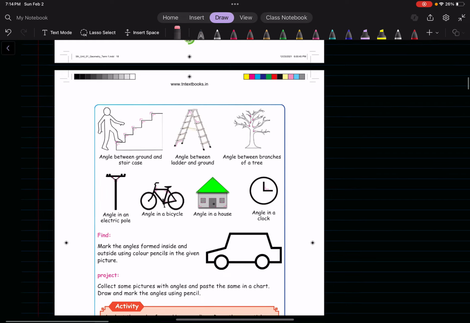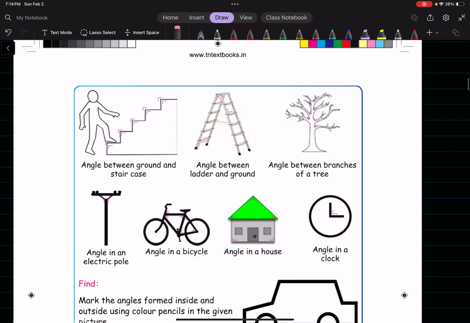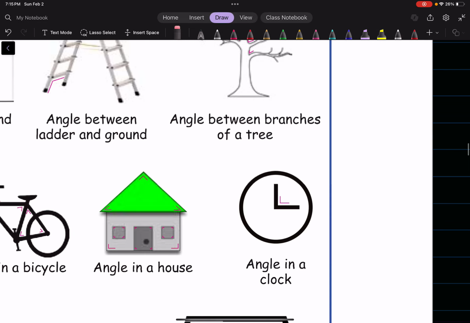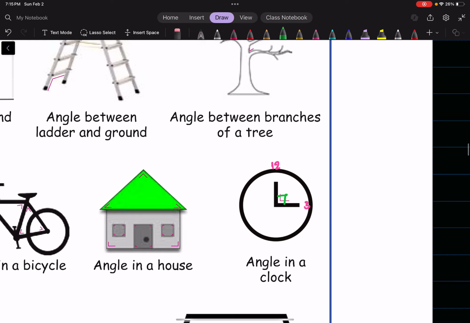So these are some of the examples. For example, whenever you look at a right angle, whenever the clock strikes 3 o'clock, this is 12, you see a right angle. So this is a right angle made by the clock. Every day you look at a clock moving across the entire 360 degrees.